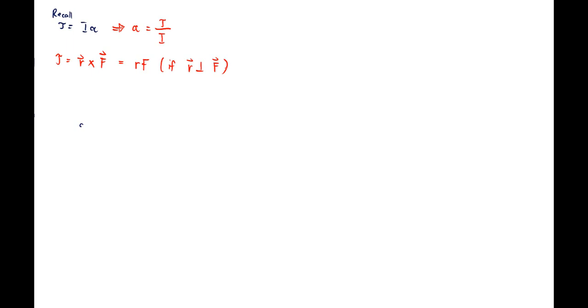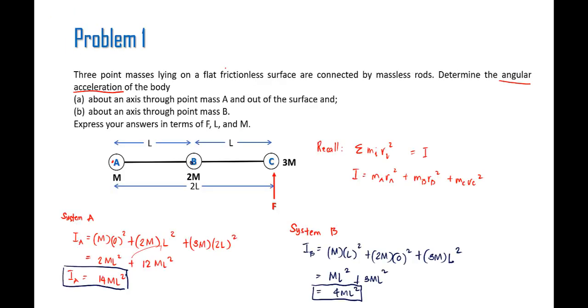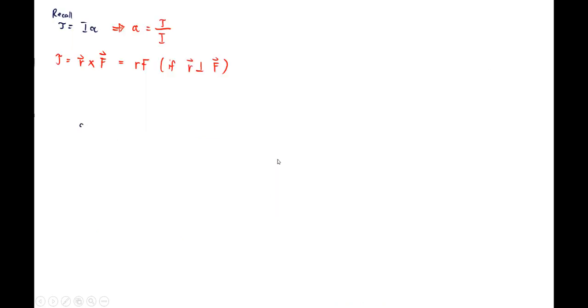Let us take a look at the figure. This is our R, directed horizontally, and then our F is directed vertically, so they are perpendicular with each other. So we can just write the torque as equal to R times F, the magnitude of the length of the lever arm multiplied by the magnitude of the force.